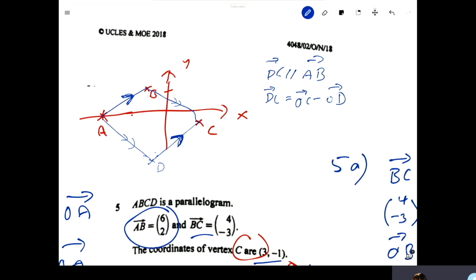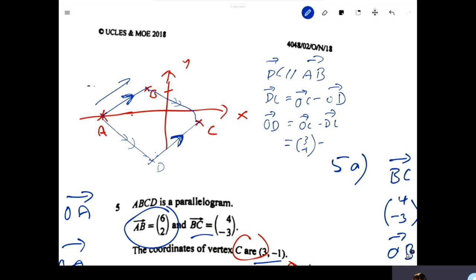Is it okay? Okay, and what do I have? Because then I want to find OD. If I rearrange, OD is equal to OC minus DC. Now I have OC, correct? OC is (3, -1). How about DC? The clue is here, see that?